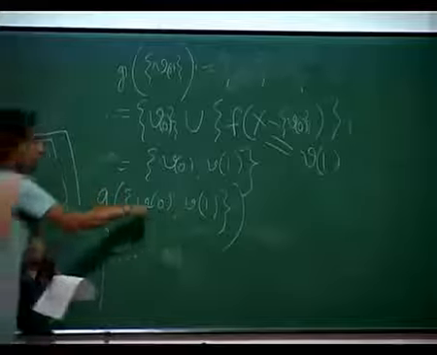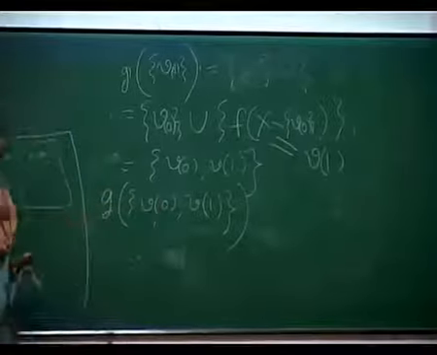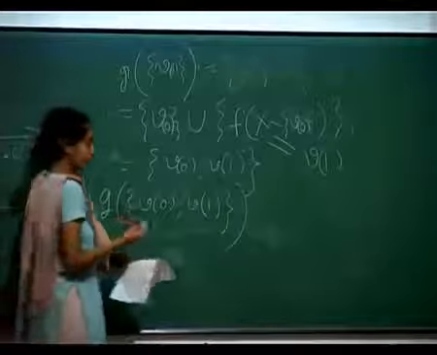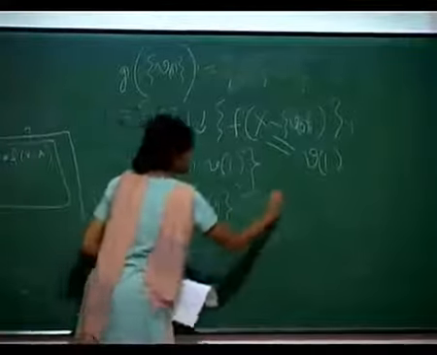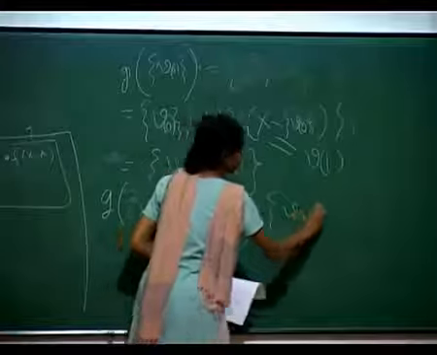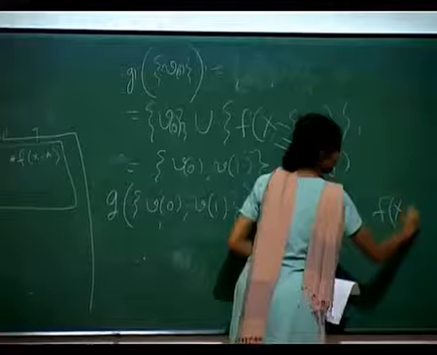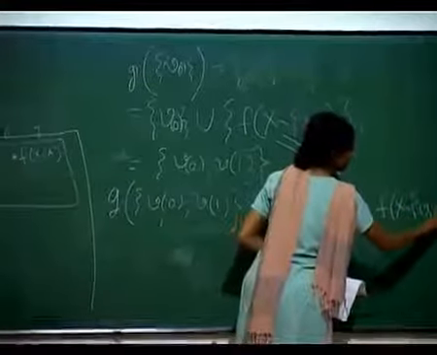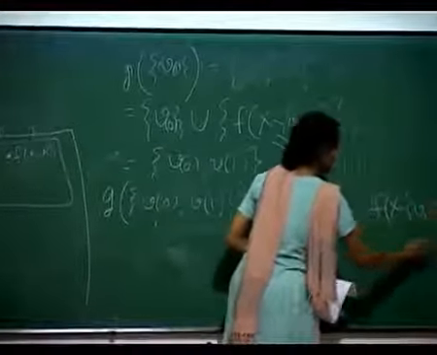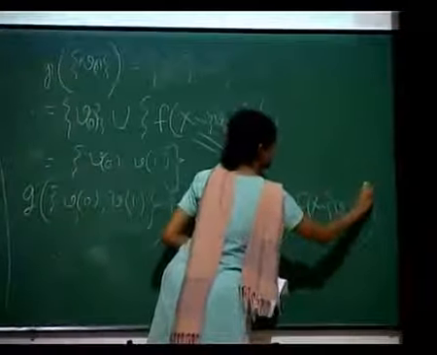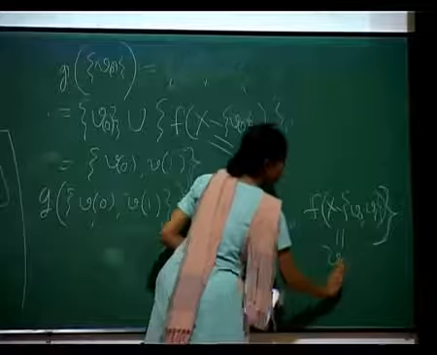That will be these 2 points and another point which is not equal to any of these. So that will be a set of 3 points. So it's V0, V1 and f of x minus {V0, V1}, whom I want to call V2.